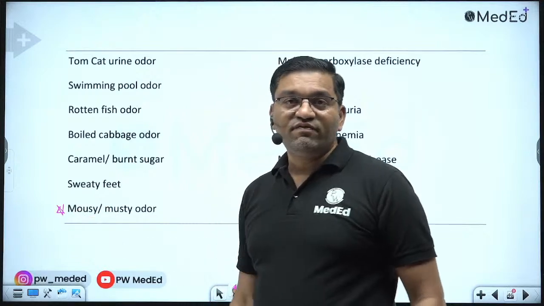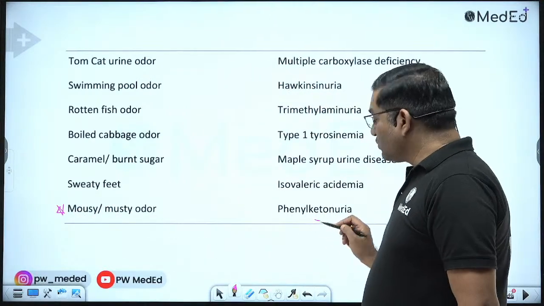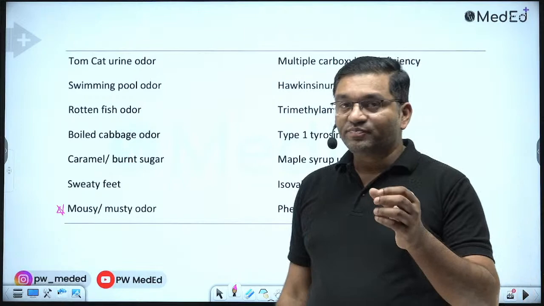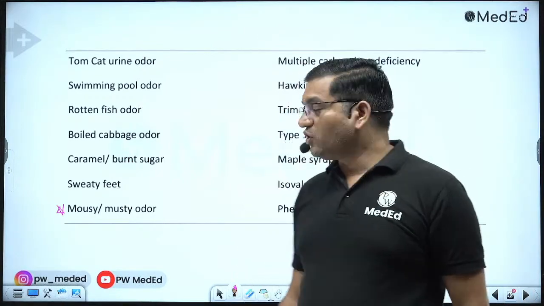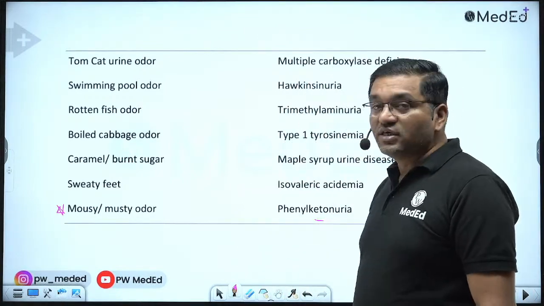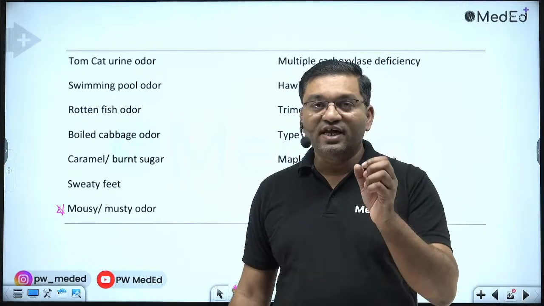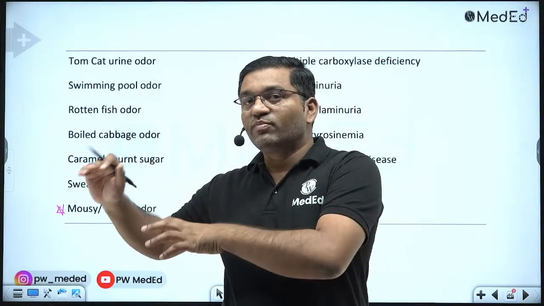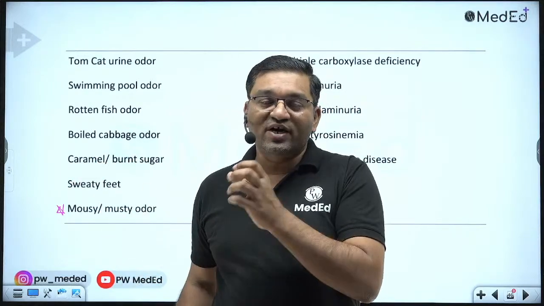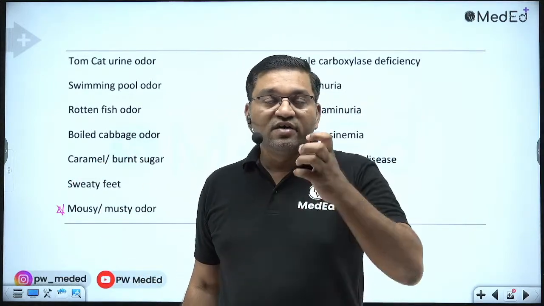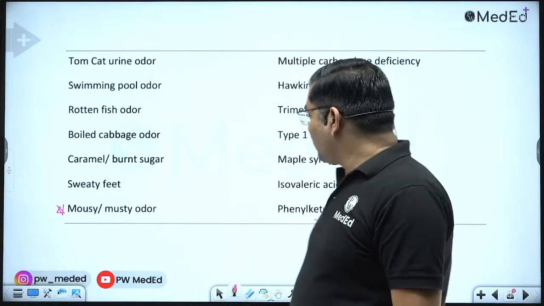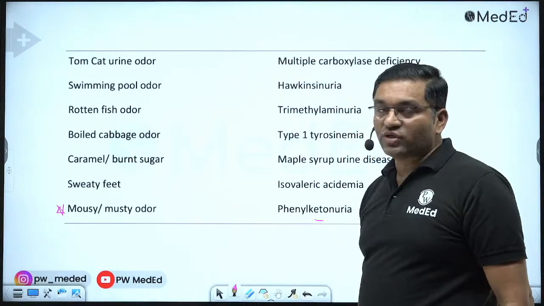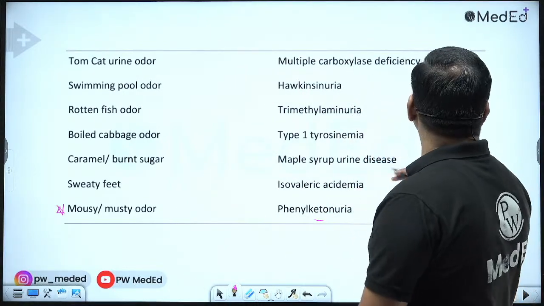It is seen in phenylketonuria because of excretion of phenyl acetate in the urine. This is because of deficiency of phenylalanine hydroxylase. So phenylalanine is diverted for the production of various products: phenyl pyruvate, phenyl lactate, phenyl acetate, phenyl acetylglutamine. So that will give the mousy odor to the urine in phenylketonuria.